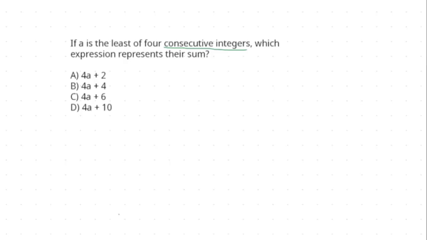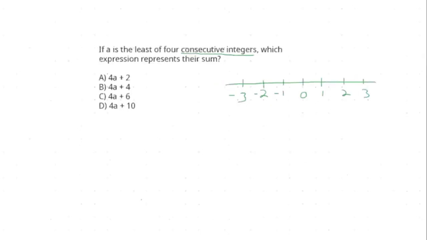So, for example, if we draw a number line and we have these specific numbers, all of these here, because they are counting numbers, they are considered to be integers. So -3, -2, -1, 0, 1, 2, 3, and so on are all integers.